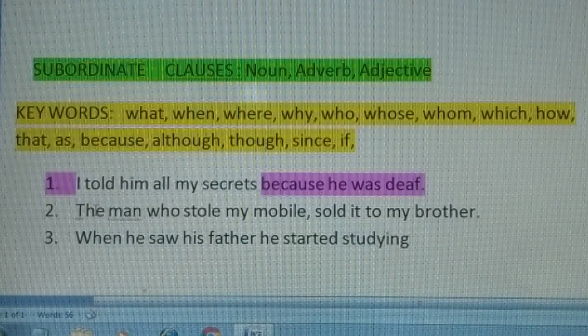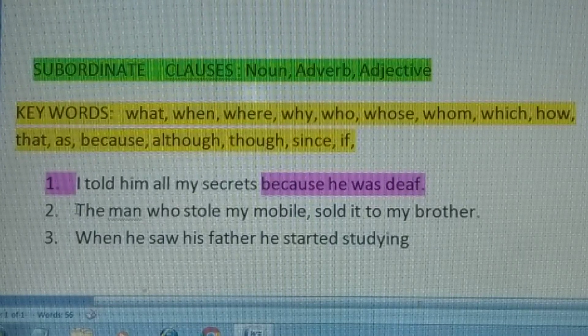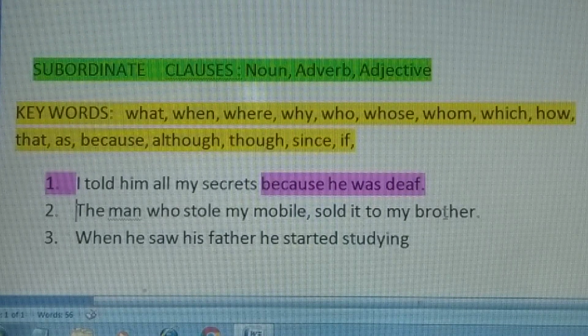Now let's turn to the next sentence. The man who stole my mobile sold it to my brother. Stole means past tense of stealing. You know, thief steals, and this is the past tense, stole.